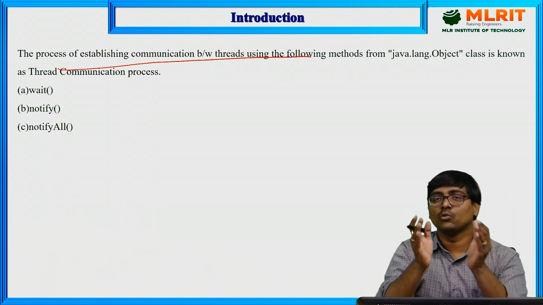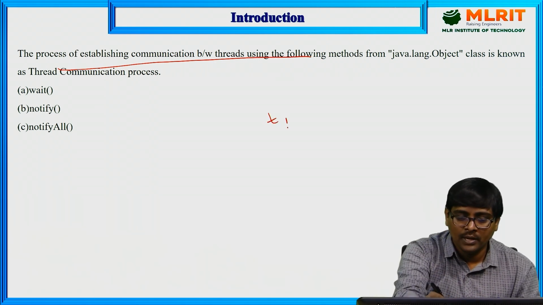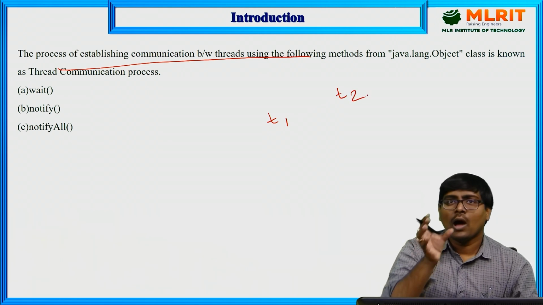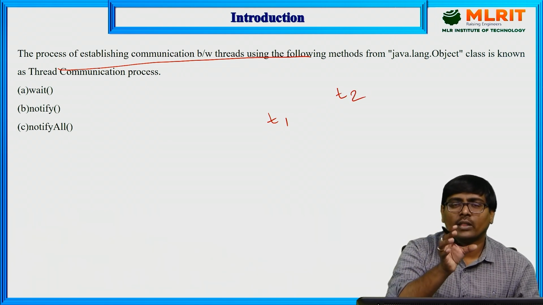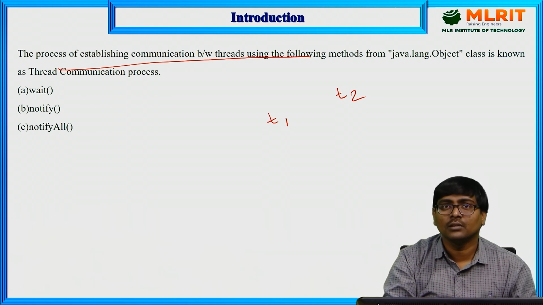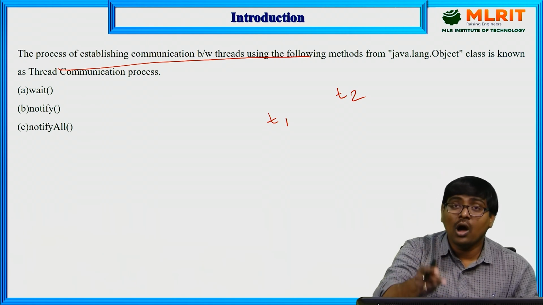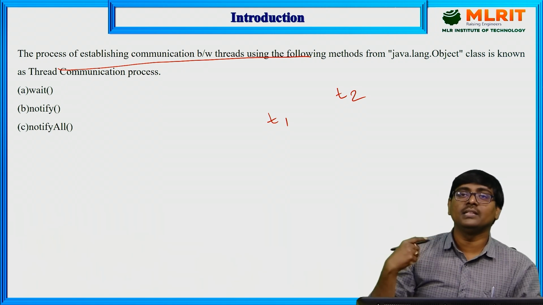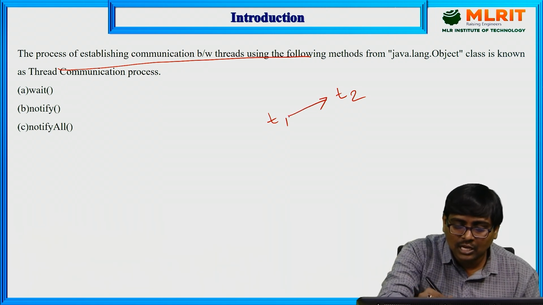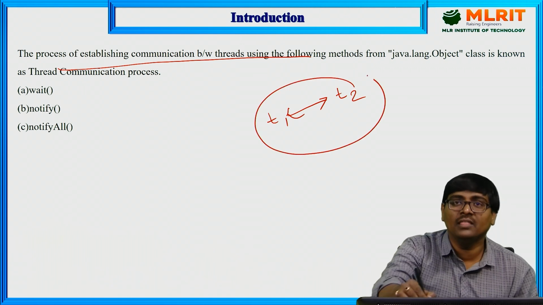Assume we have two threads, T1 and T2. Only after completion of one thread is the other thread allowed to use the resource. How does the other thread know whether my thread is completed or not? To handle that, it uses communication between the two threads.